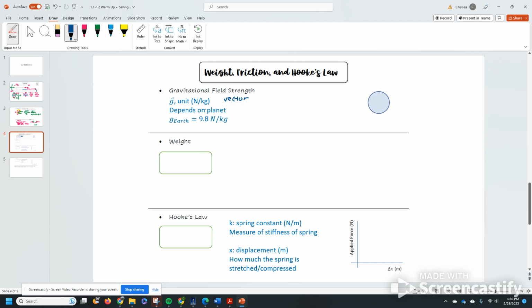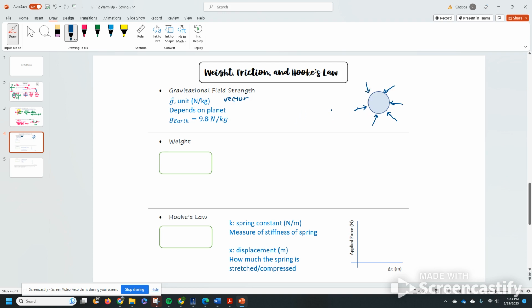We'll get more into this in Unit 3, but here on Earth, the gravitational field strength on the surface is 9.8 newtons per kilogram. So the Earth at the surface pulls with 9.8 newtons for every kilogram of mass. And it's going to be the same all around the planet, and it points towards the center of the Earth.